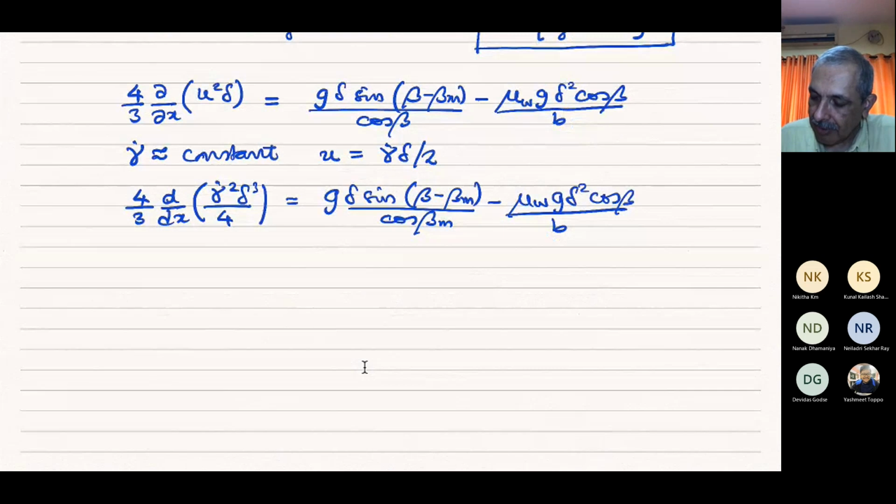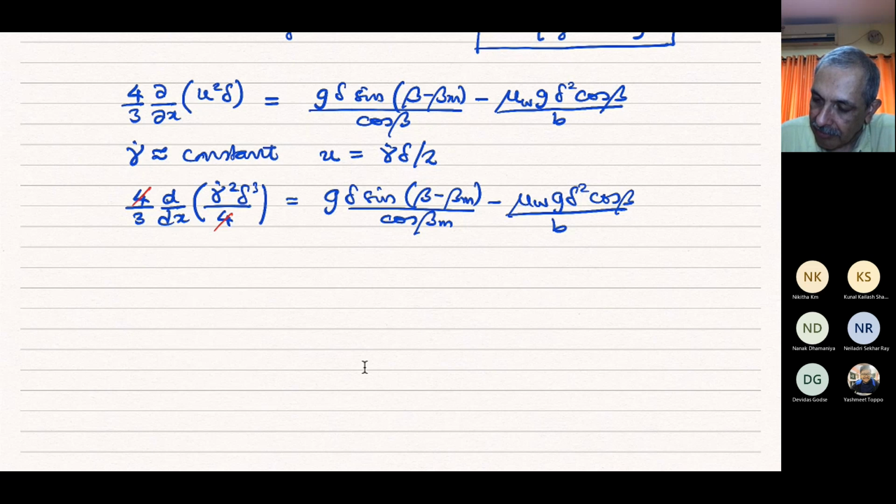And now if we take the derivative of this, since gamma dot is nearly constant, we take the derivative only of this. So, first of all, this 4 of course cancels out.